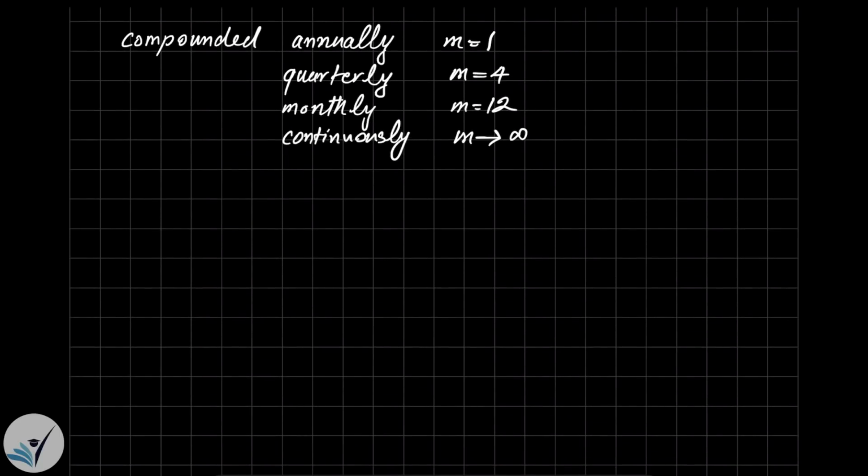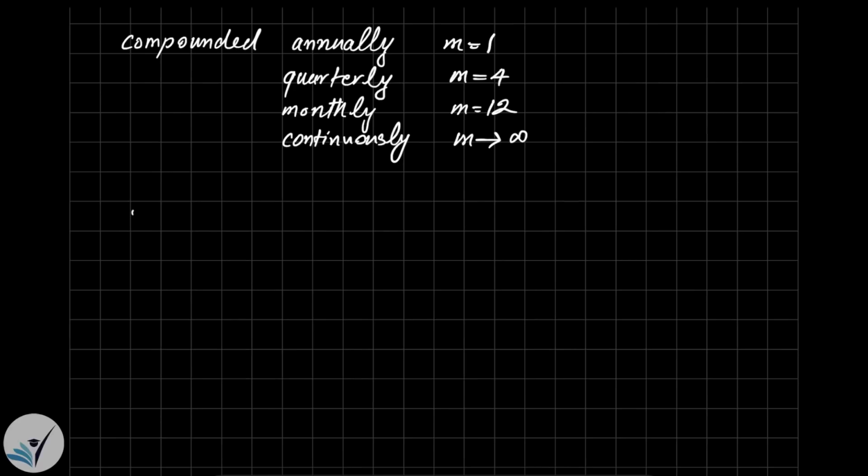So the equation was F equals P times (1 plus I over M) to the M times N. And because M approaches infinity, we need to take the limit of F when M approaches infinity.